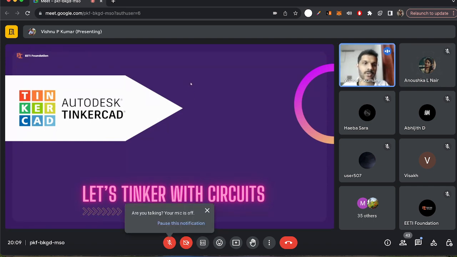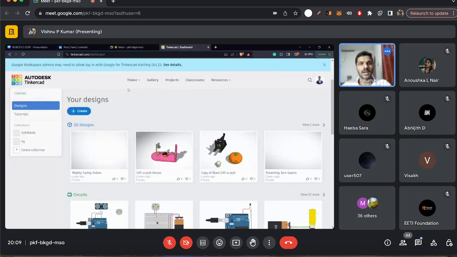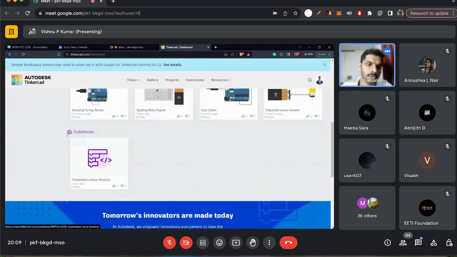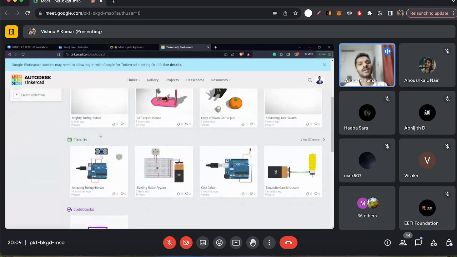Yes. Okay. So this is the logo of TinkerCAD, and this is the website, tinkercad.com. There are 3D designs, circuits, and code blocks. So there are three products, and today we'll be dealing with the circuits.